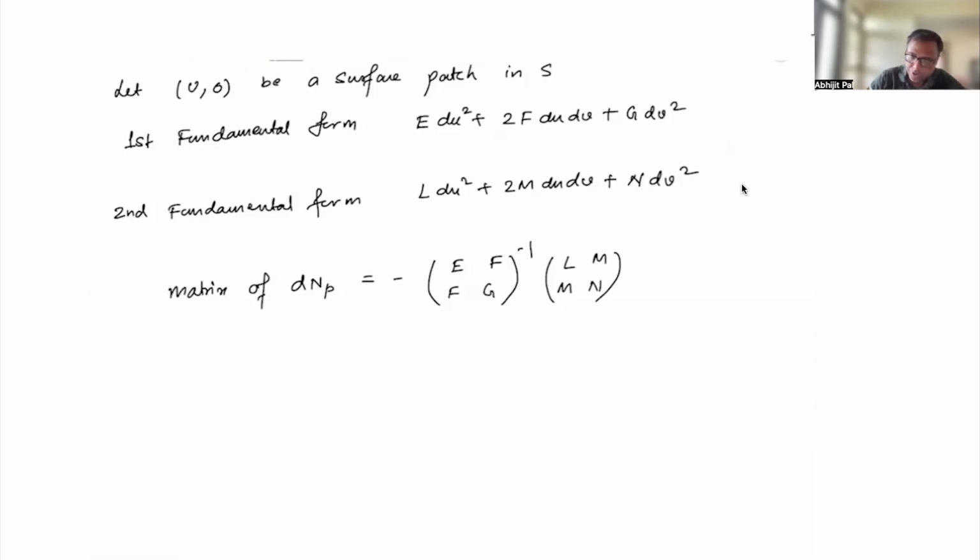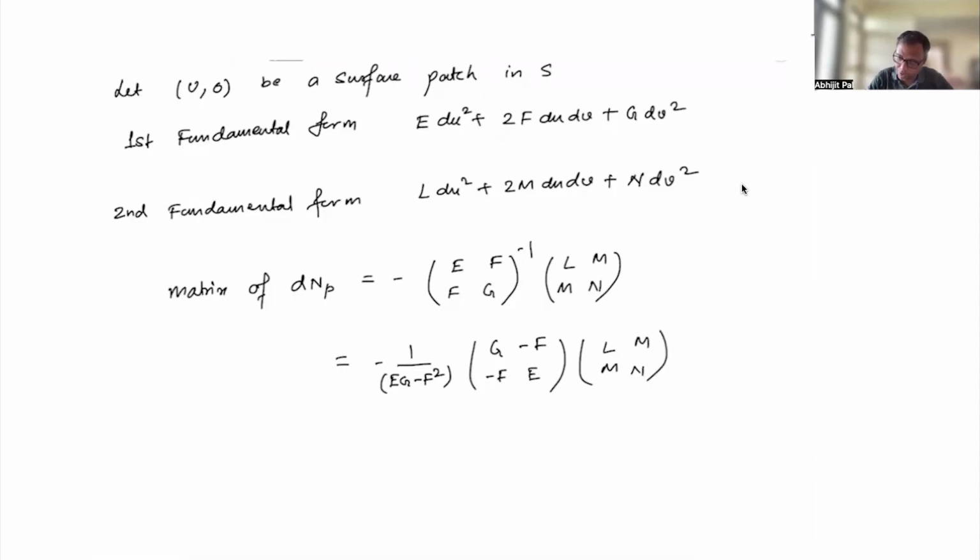Which is equal to minus 1 by (EG minus F square) multiplied by the matrix (G, minus F; minus F, E) multiplied by the matrix (L M; M N).